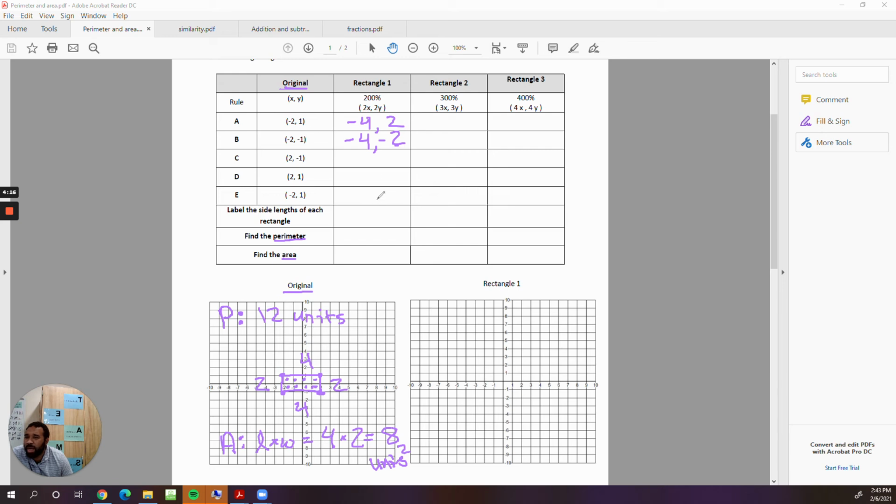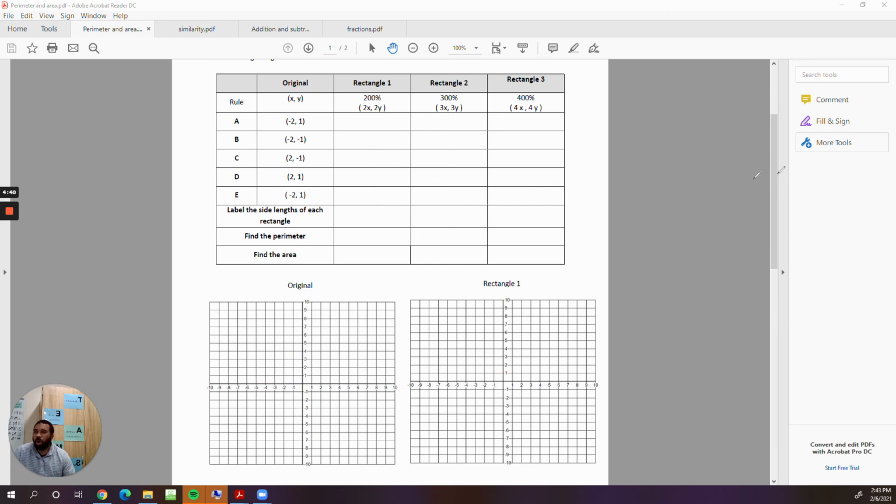And we'd continue that pattern going down. Remember, for each of these rectangles now, you're going to find the new perimeter and the new area.